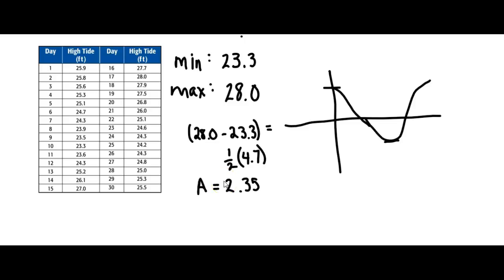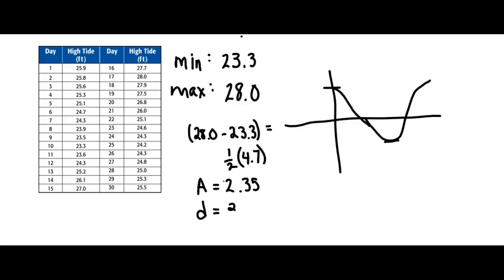So my amplitude is 2.35. And my vertical shift, which is actually denoted D, we haven't really called it that in the last video, but that is the number we're adding to the outside of the function. That vertical shift is going to be what comes essentially halfway between 28 and 23.3.